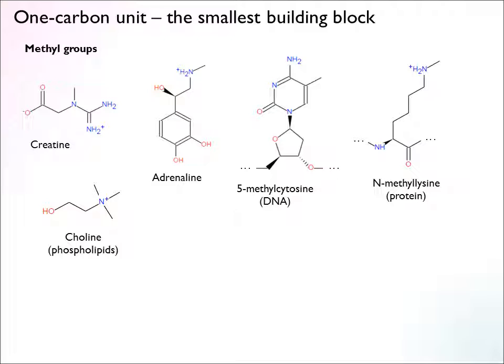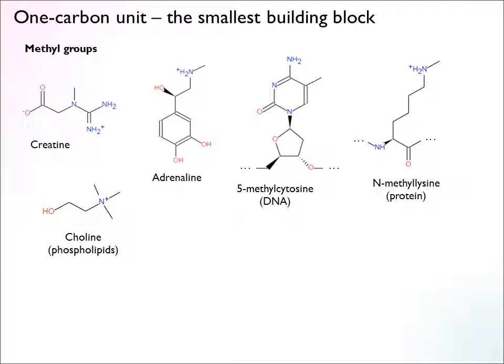But we call it one-carbon units because these pieces of one carbon could also exist in other redox states, you might say. So it could be methyl, but it could also be methylene or formyl or something like that. So one carbon unit is a kind of umbrella term. But a lot of this is about methyl groups.